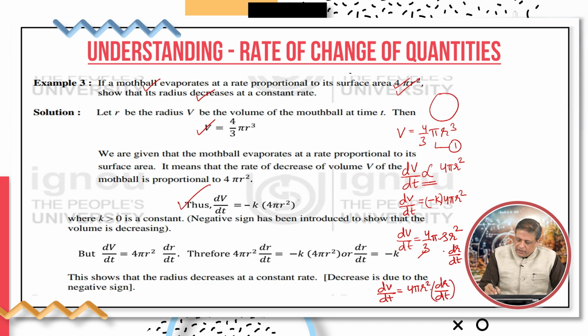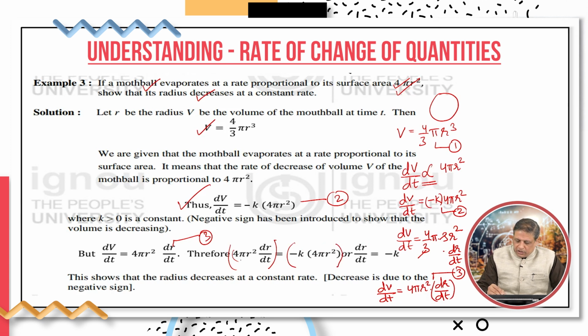And by equation number 2, which is written over here also, dV by dt is equal to minus k times 4 pi r square. So, by comparing equation number 2 and equation number 3, we can say 4 pi r square into dr by dt is equal to minus k times 4 pi r square.